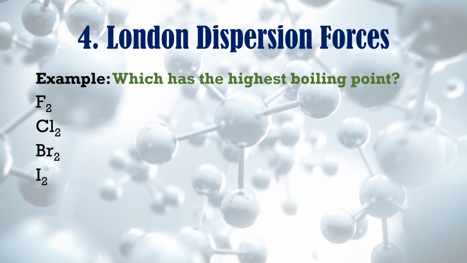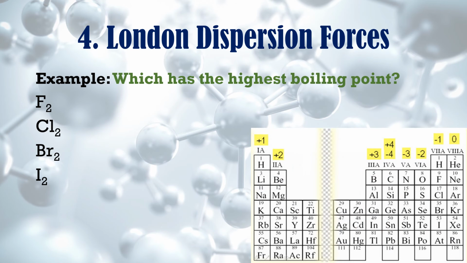So let's take this example, which has the highest boiling point. So it's F2, Cl2, Br2, and I2. So we are going to base their boiling points from their number of electrons because the greater the number of electrons, the greater the boiling point. So for fluorine, it has 9 electrons times 2 because it's a diatom, so it has 18.